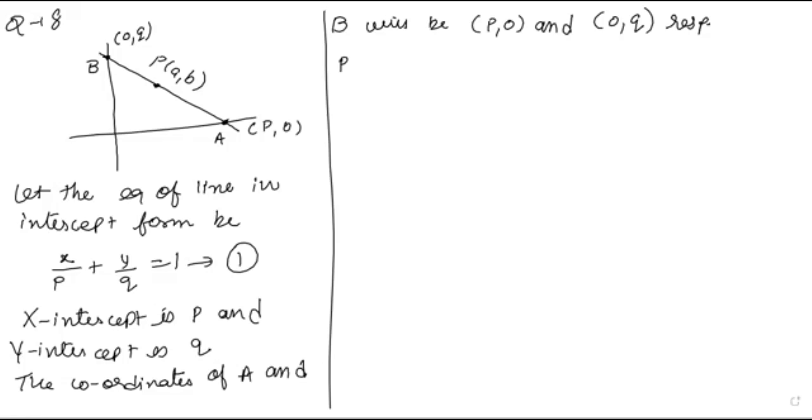Right. Point (a, b) is the midpoint of line segment AB.